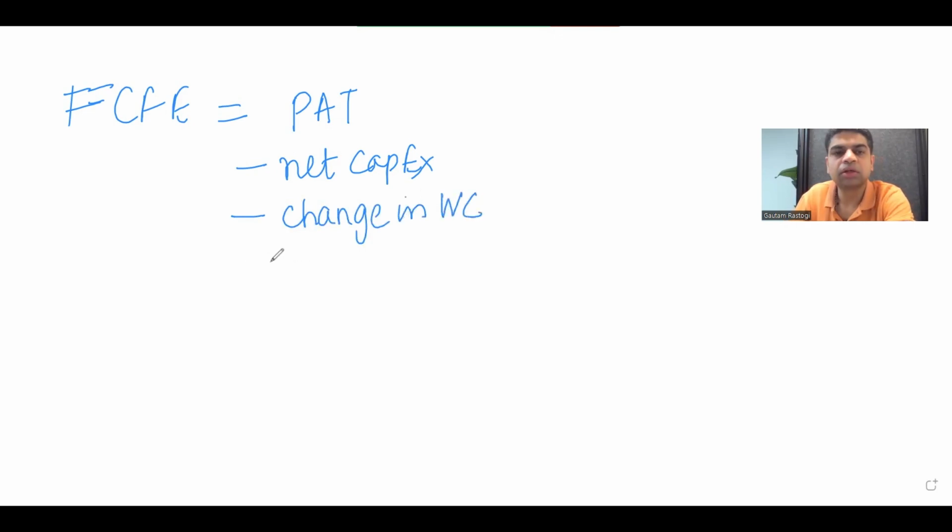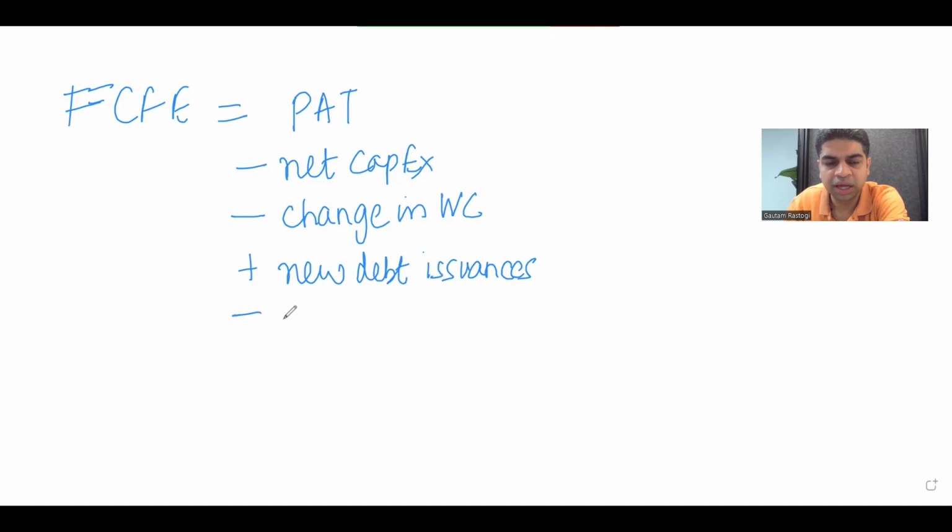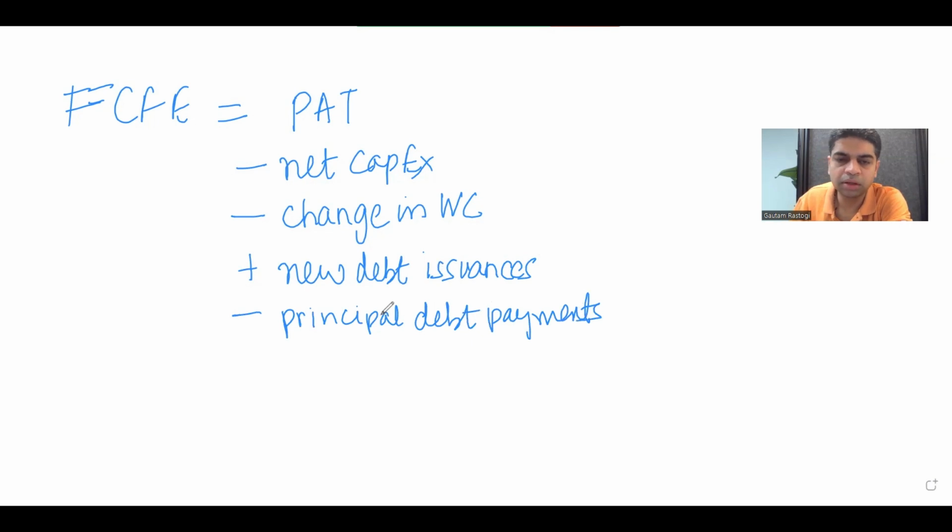That is the money which is stuck in your day-to-day operations. You add any new debt issuances, and you remove any principal debt payments. So that you need to net off.